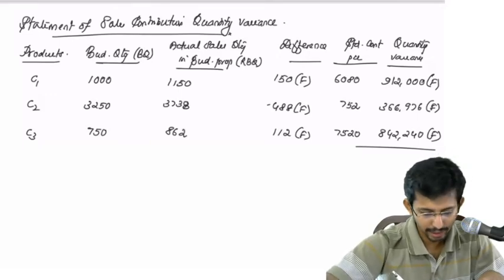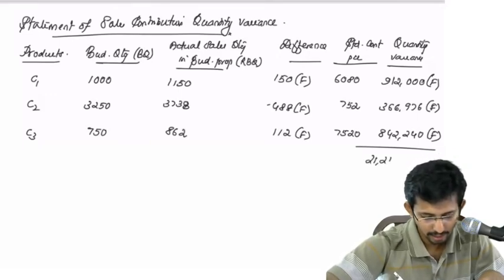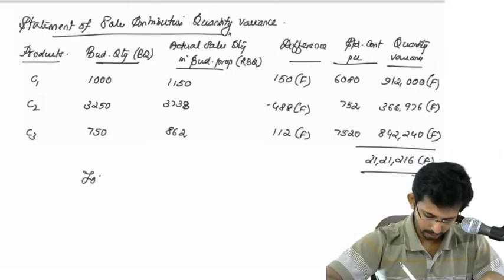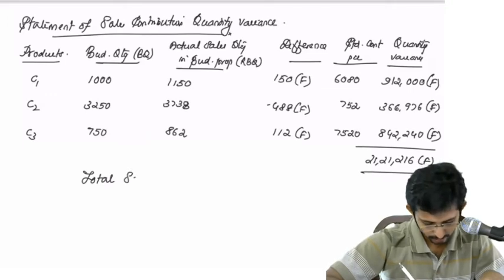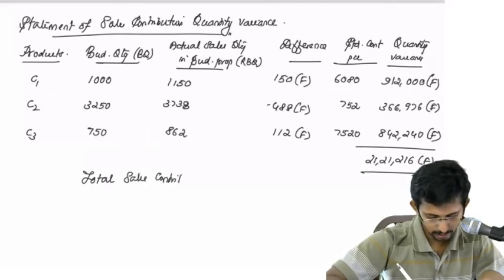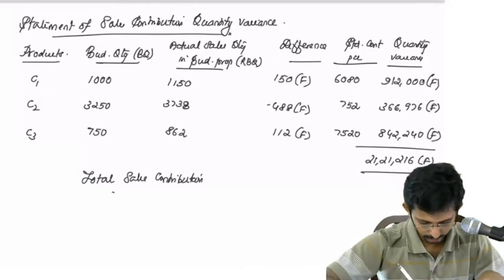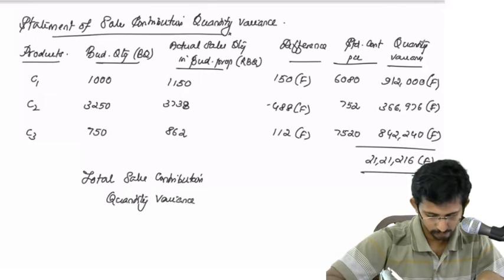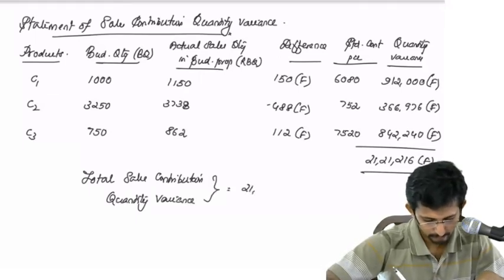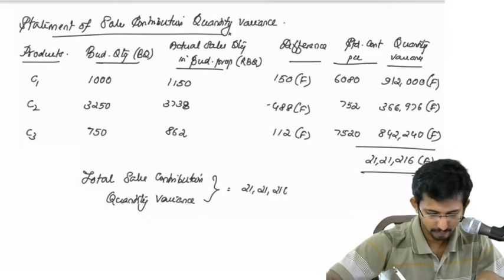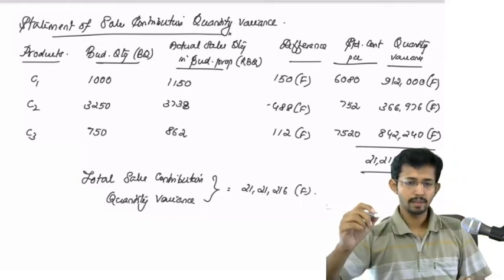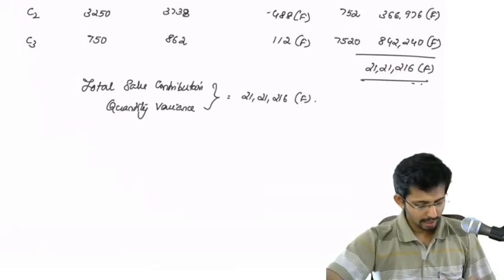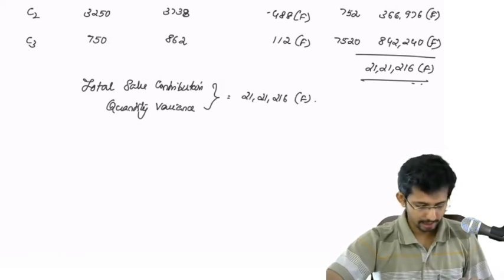Total will be 21,21,216. Thus, total sales contribution quantity variance is 21,21,216. Is it clear? Yes. Okay, so we have computed both sales contribution mix variance and quantity variance.